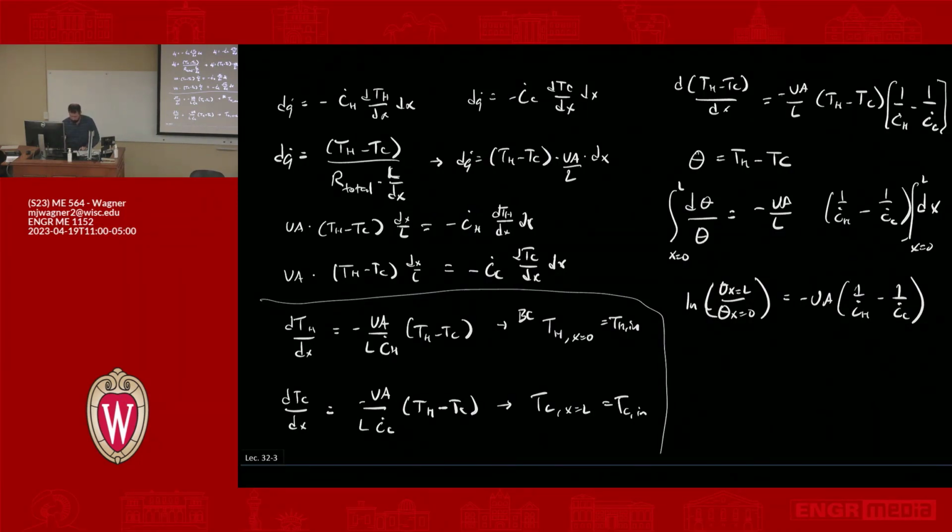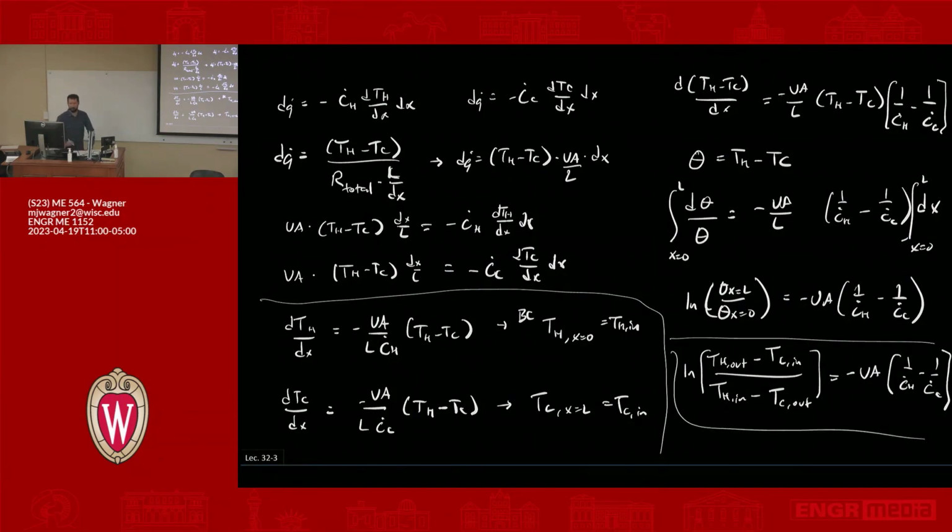Making that reverse substitution, the final equation would be ln of (TH out minus TC in) over (TH in minus TC out) equals minus UA times (1 over C dot H minus 1 over C dot C). All right, so that's kind of your final solution there.